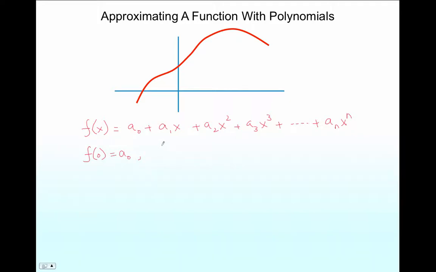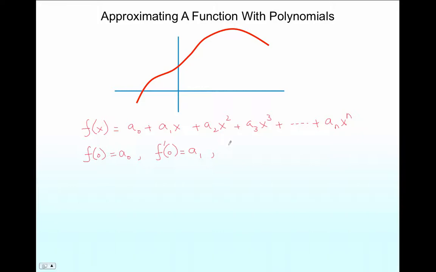Let's now take the derivative of f, that is f prime, in which case a0 will be eliminated, and from here we will get a1, but from here we'll get 2a2x, from here we'll get 3a3x squared, but we can eliminate all of these by just putting x equal to 0, and so f prime at 0 will be a1, and so we found a1.